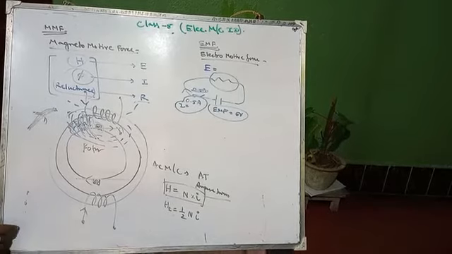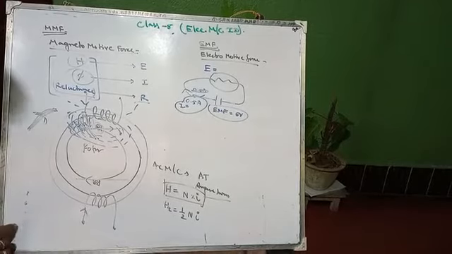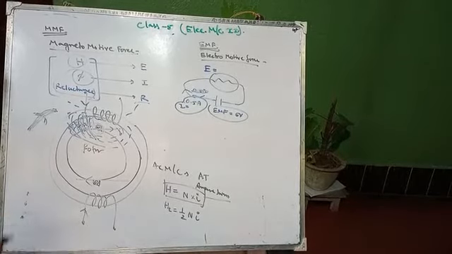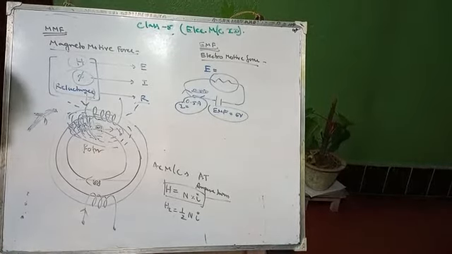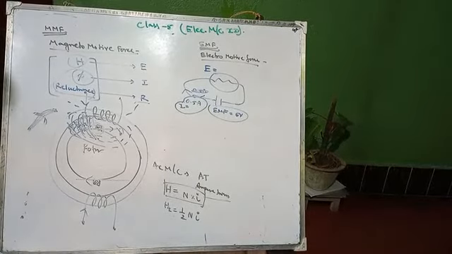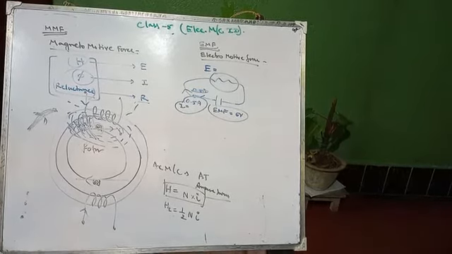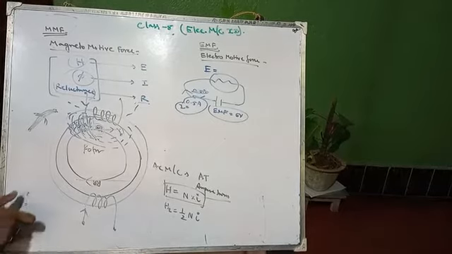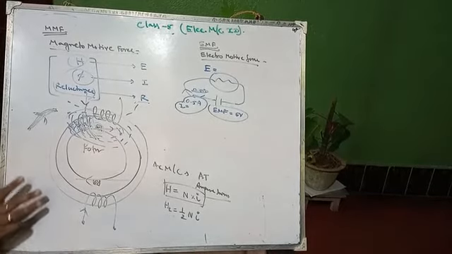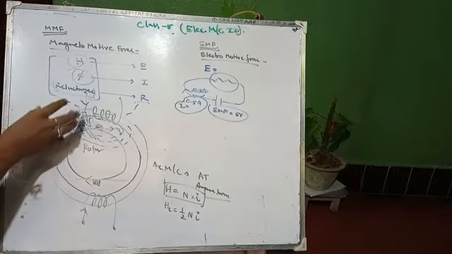This is the same thing we have discussed. And the last point is that the air gap MMF wave is rectangular at any instant. These three or four properties are very important for magnetic flux or magnetomotive force.